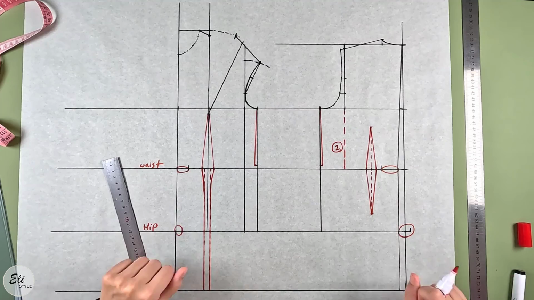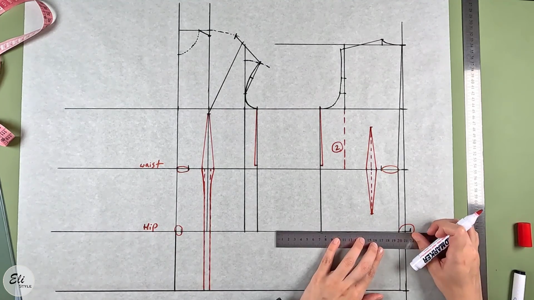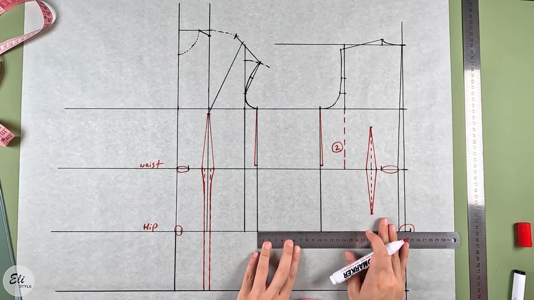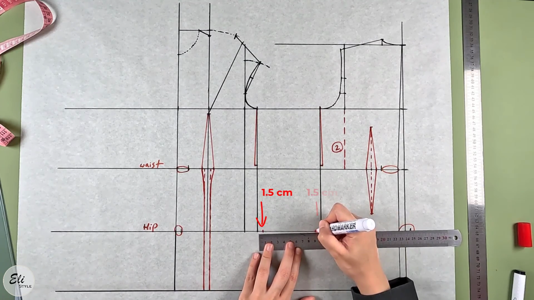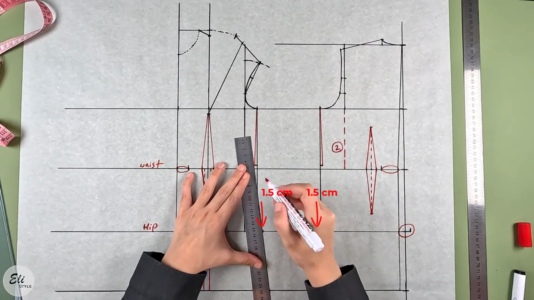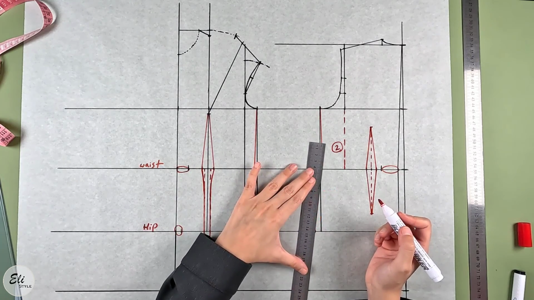Now compensate for the shortfall on the hip line by adding to the side seam. Then you can complete the side seams.